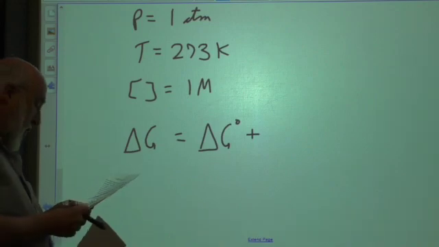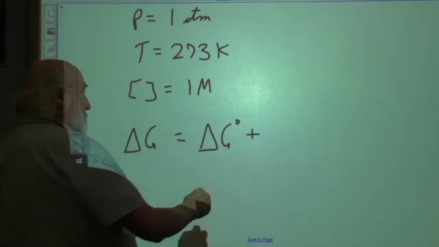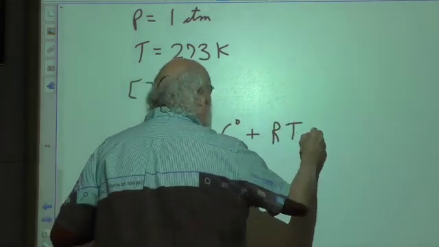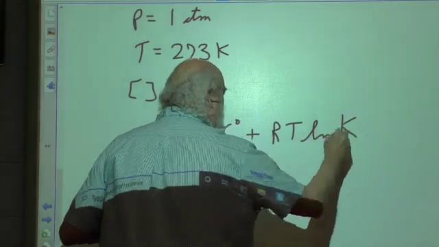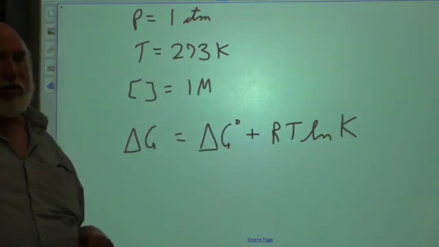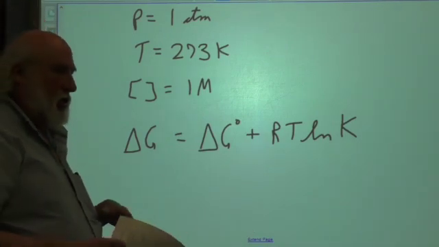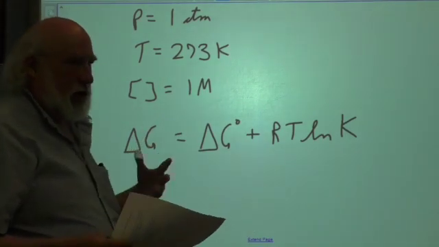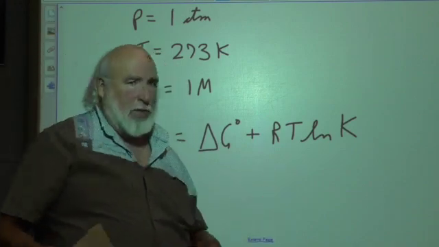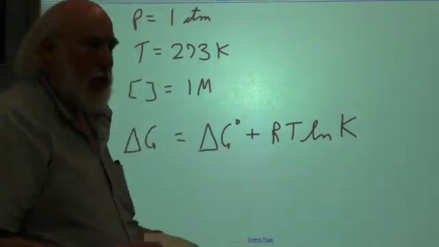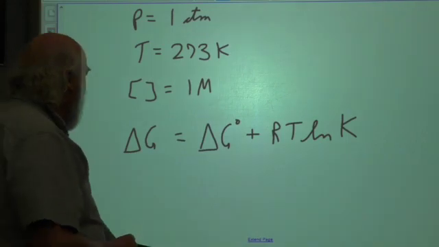Okay, the correction factor that would bring it over to that is RT natural log of K. Now, we use K because K is for non-equilibrium conditions or non-standard conditions, either way, however you want to consider it. They're not the same thing, but they're both situations that we do deal with in the lab.